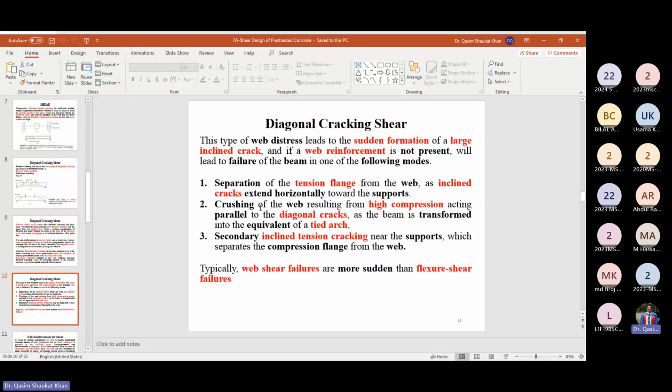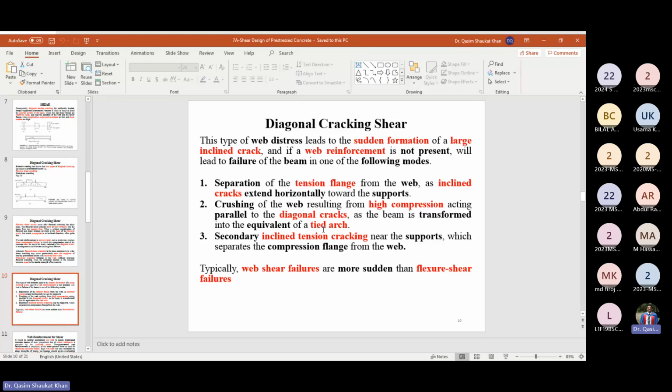Then the second possibility is the crushing of the web. Crushing of the web results from high compression. Why high compression? Because as the crack proceeds upwards, the neutral axis moves up, the compression zone is reduced, and the compression force remains the same. So the stress, that is force per unit area, will increase. So crushing of the web results from high compression acting parallel to the diagonal cracks as the beam is transformed into an equivalent tied arch action.